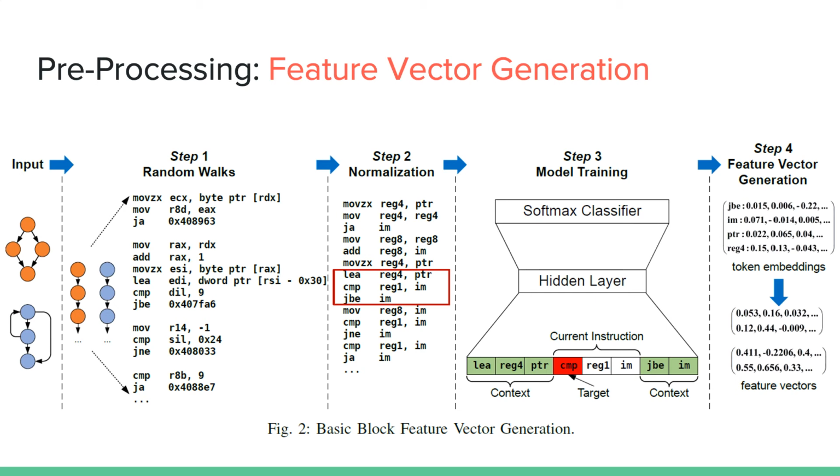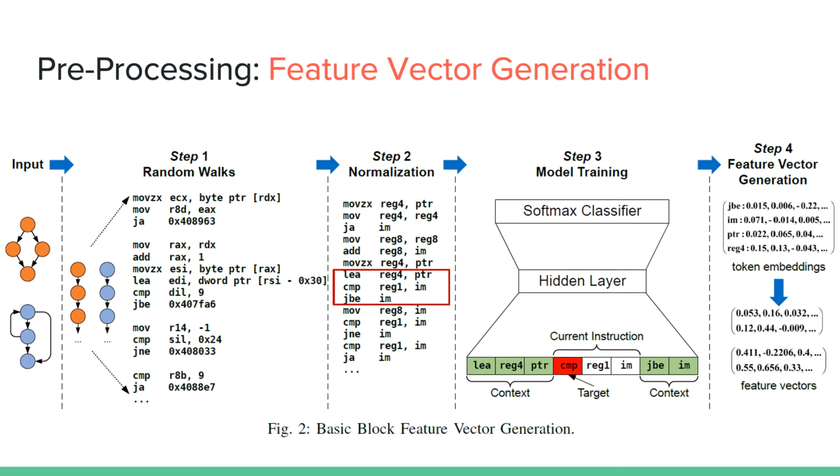I'm not an ML person, so I don't really know much about this stuff, but they use the continuous bag of words version of word2vec. That type of word2vec allows you to have a target and then get information from around the target. So each instruction relies on its neighbors to give it more context.